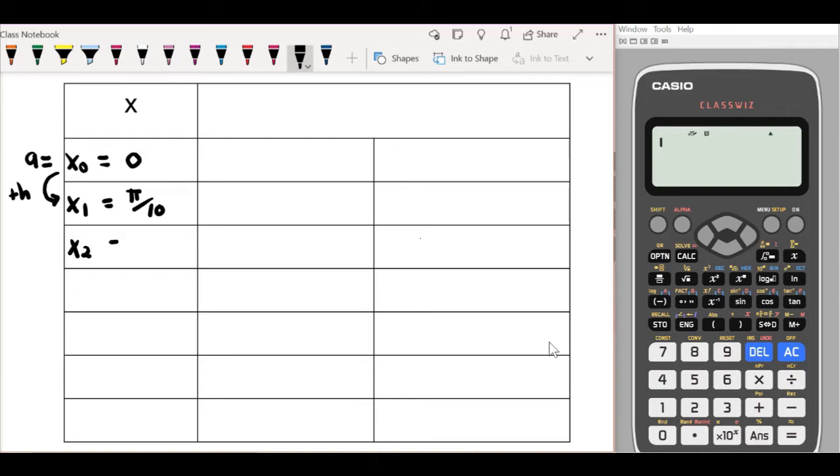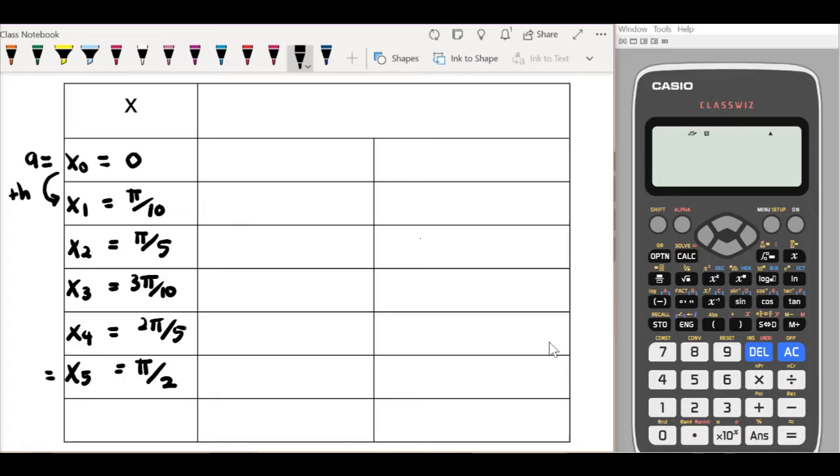After that, x2. So we would have pi over 5. Next one, x3. It should be 3 pi over 10. Next one, x4. So we have 2 pi over 5. And then the last one, x5, we will get pi over 2.